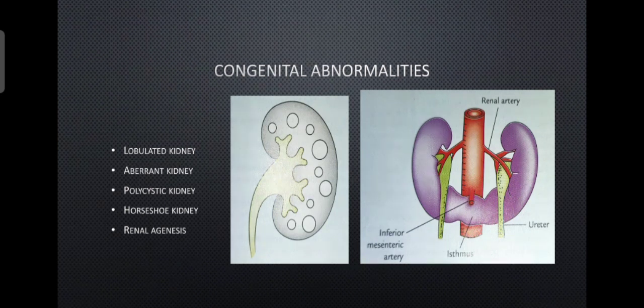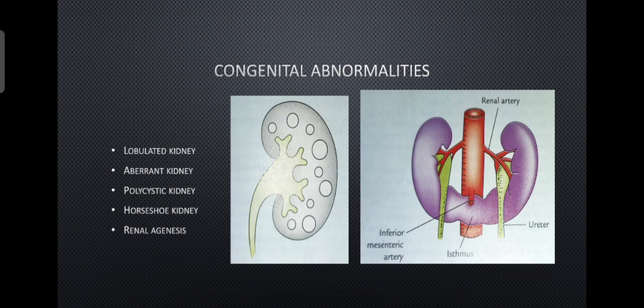Then we have the polycystic kidney. In the polycystic kidney, the nephrons and the collecting tubules fail to join. As a result, fluid accumulates within the nephrons, and these nephrons form cystic masses. Here you can see the cysts are fluid filled spaces, that is, a fluid filled cavity is called a cyst.